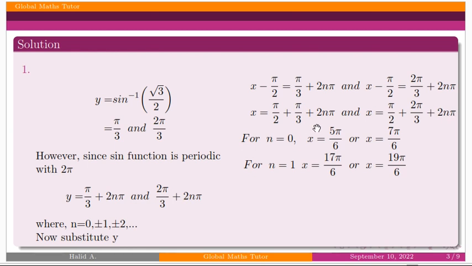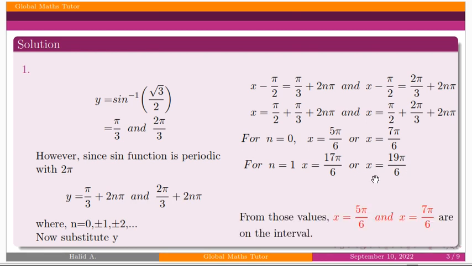Then find a value of x by changing the value of n. Start from 0. Substituting 0 here, it gives 5 pi over 6, and here it gives 7 pi over 6. For n equal to 1, it gives x equal to 17 pi over 6, or here it gives 19 pi over 6.